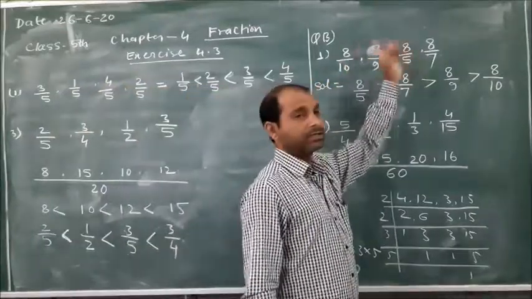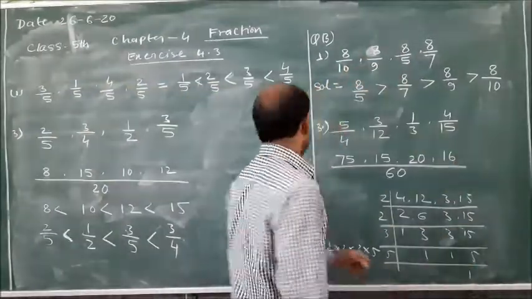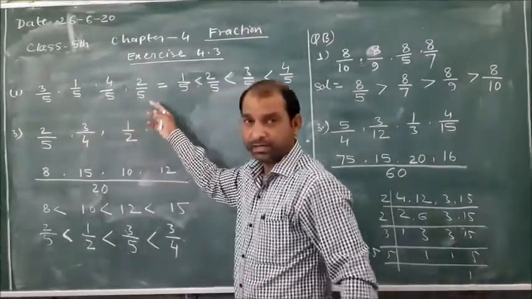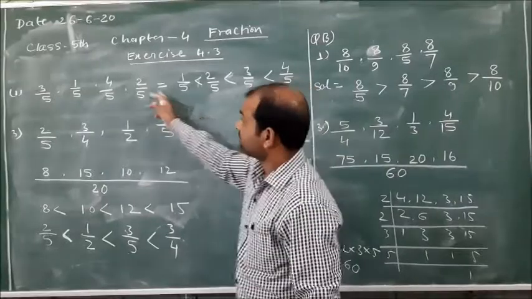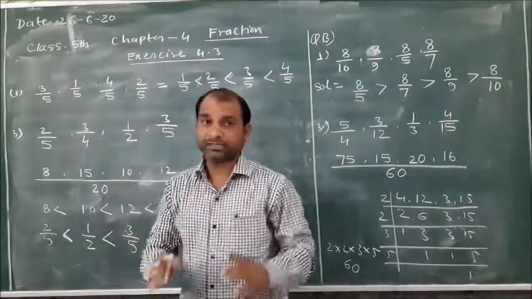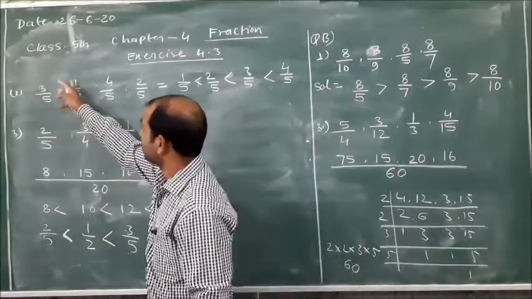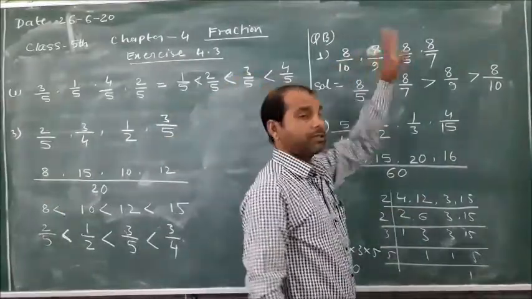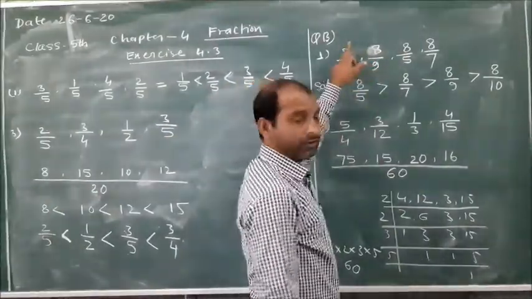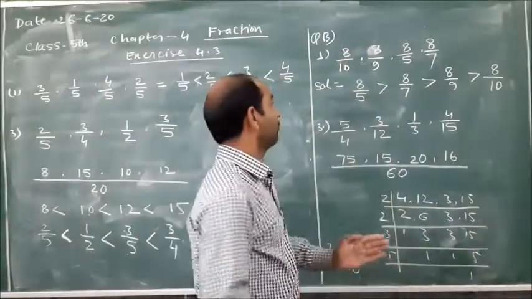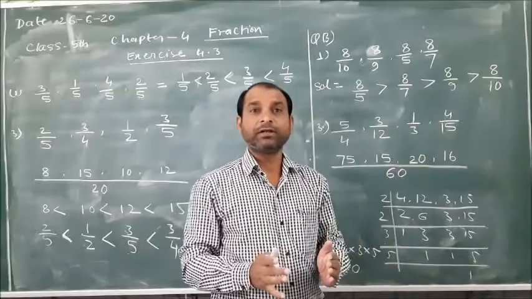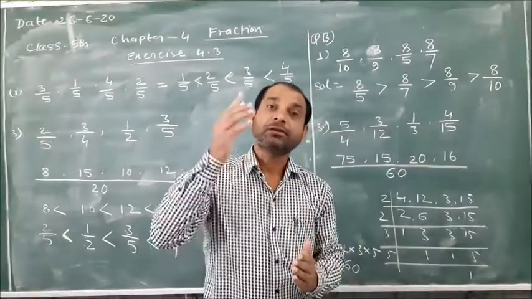Here the numerator is equal. I told you, if all the denominators are equal, then whichever numerator is smaller, that fraction is smaller. But if the numerator is equal, then whichever denominator is smaller, that fraction is greater.